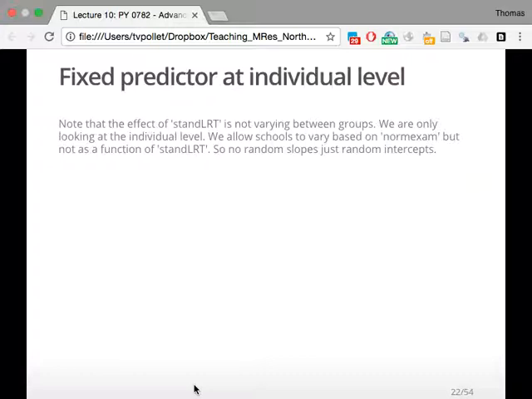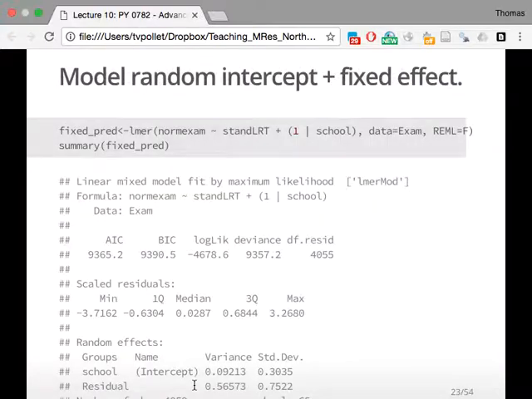So no random slopes, just random intercepts. So in terminology, you have a random intercept model and a random slope model. So this is what it looks like. Some of the things have overrun, but it doesn't matter too much. I'll show you in a bit, or perhaps I can show you in the actual code.